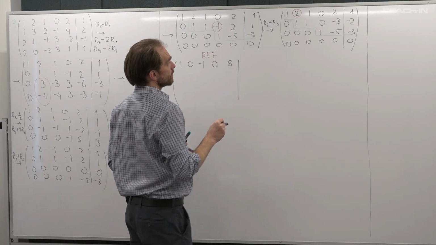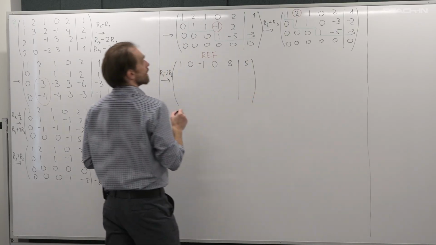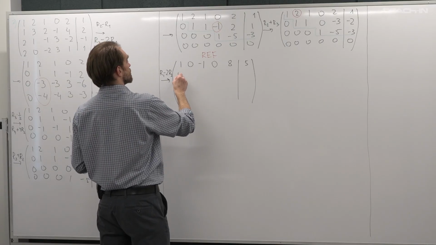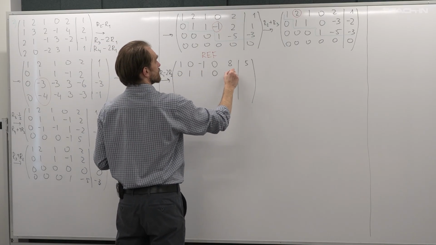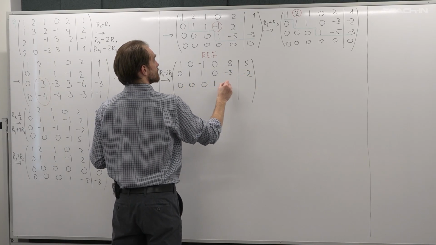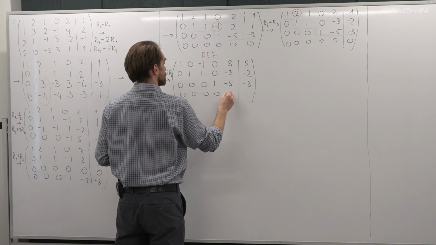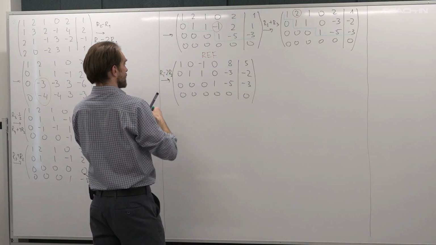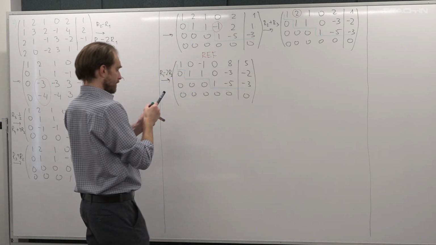So 1 plus 4 makes 5. And 0, 1, 1, 0, minus 3, minus 2. 3 zeros, 1, minus 5, minus 3, and the row of zeros. So finally we get the reduced row echelon form of our matrix.